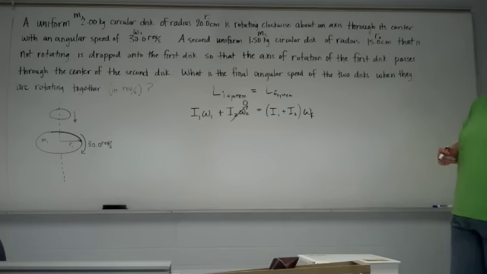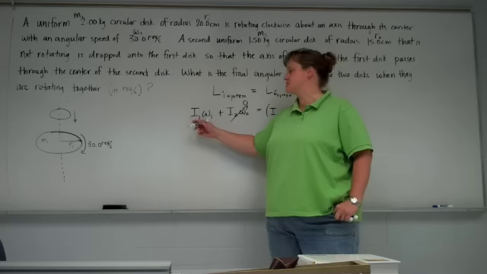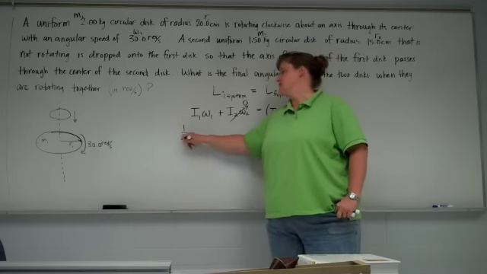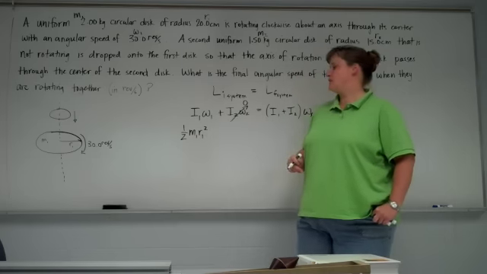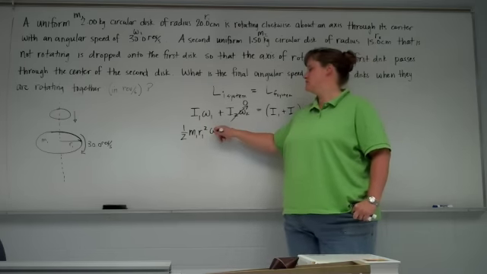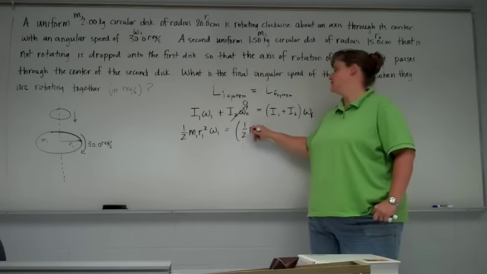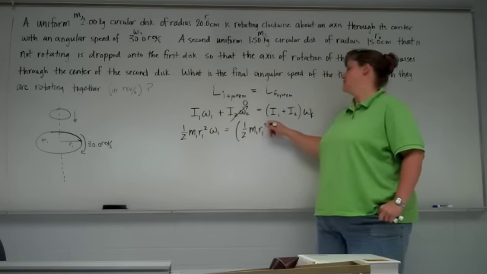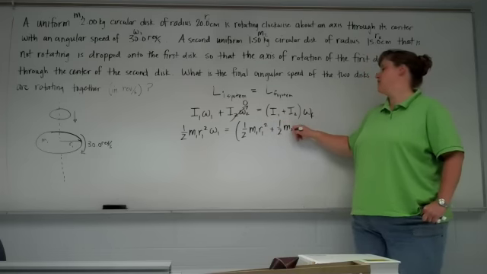We said these are circular discs. Looking off the table in the book, the moment of inertia for a circular disc is 1/2 m r squared. So I1 will be 1/2 m1 r1 squared, and I2 will be 1/2 m2 r2 squared.